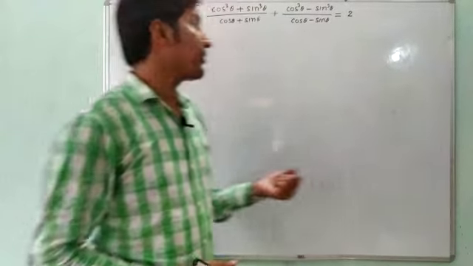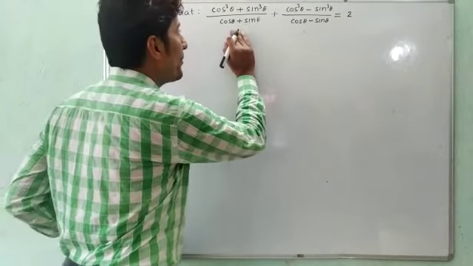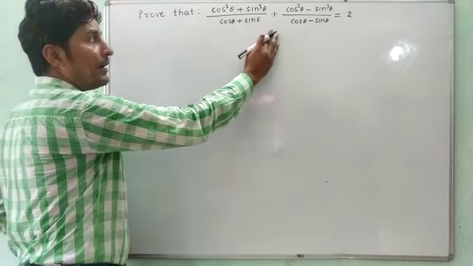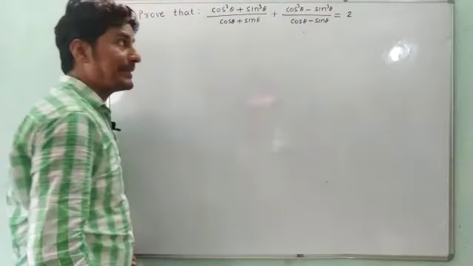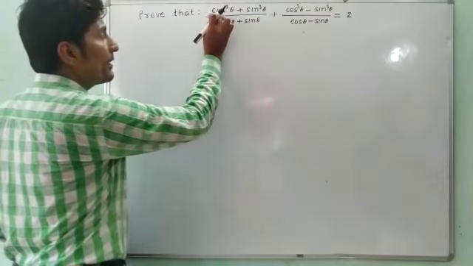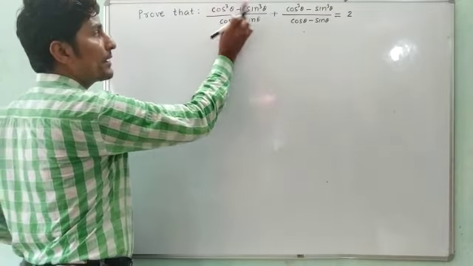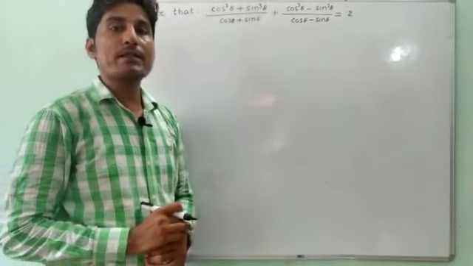Now let us see the next question. Prove that cos cube theta plus sin cube theta upon cos theta plus sin theta, plus cos cube theta minus sin cube theta upon cos theta minus sin theta, is equals to 2. So here in this numerator we can see cos cube theta plus sin cube theta. We have to use the identity a cube plus b cube.